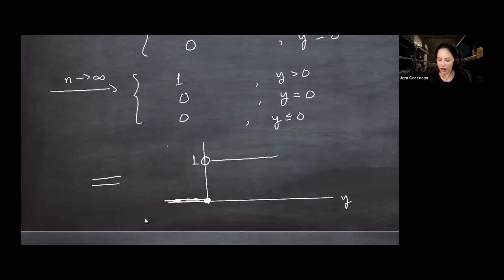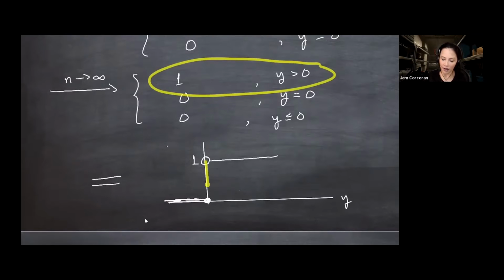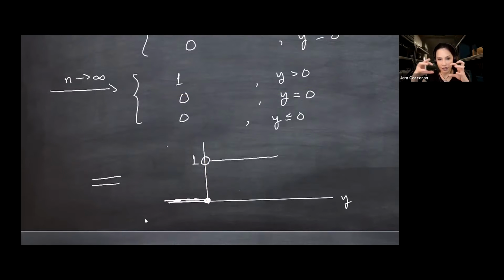This random variable takes on only non-negative values, so I should get 0, 0, 0, 0, 0, and I should pop up to 1 right here. All the probability is focused on 0.